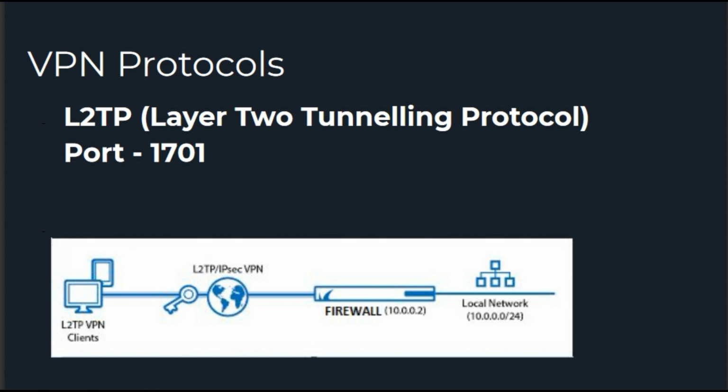L2TP does not offer any encryption, which is why we often use it together with IPsec. When we use L2TP and IPsec together, it's often referred to as L2TP/IPsec. Here is one example of L2TP. We can see the image.